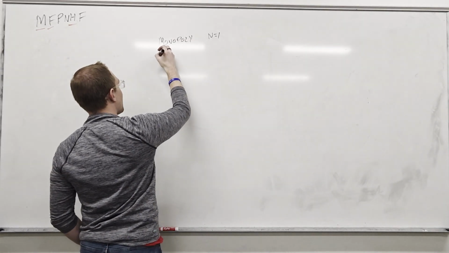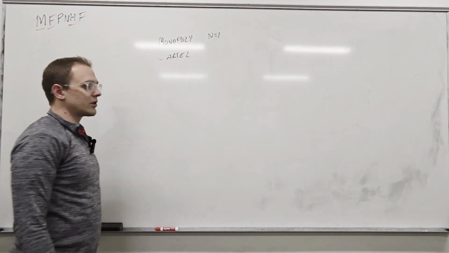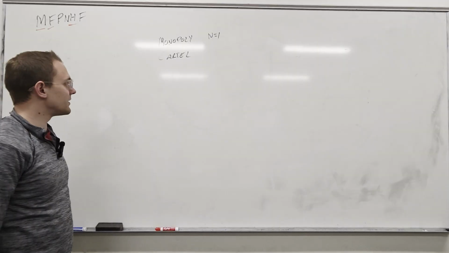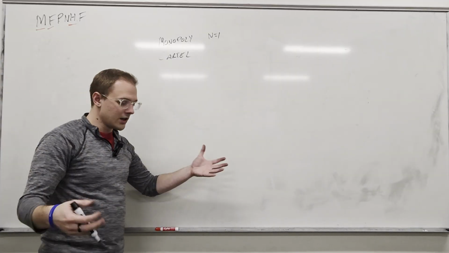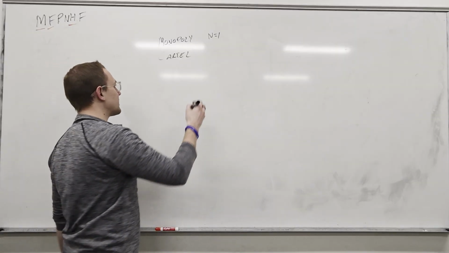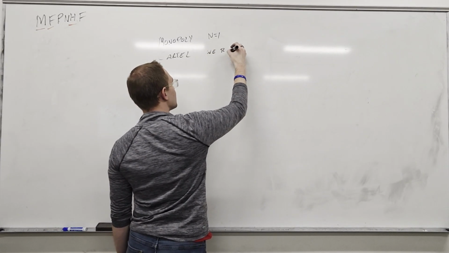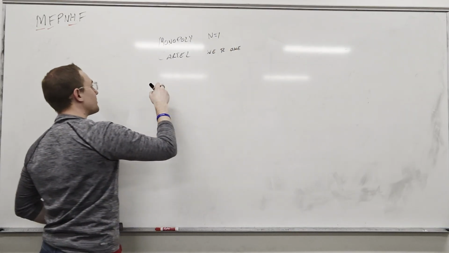You also have cartels. A cartel is when you have a bunch of firms and they just act like a monopoly. You can have production functions for each firm, add them all together, solve it like a monopoly, and split the profits. So a cartel is pretty much exactly like a monopoly.